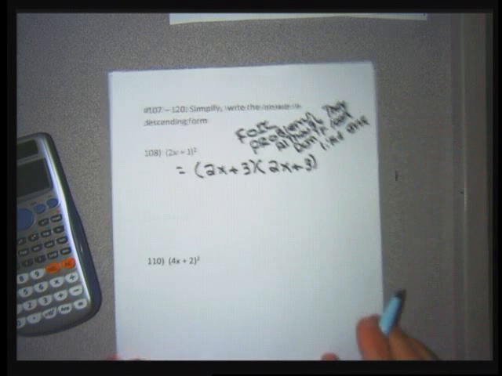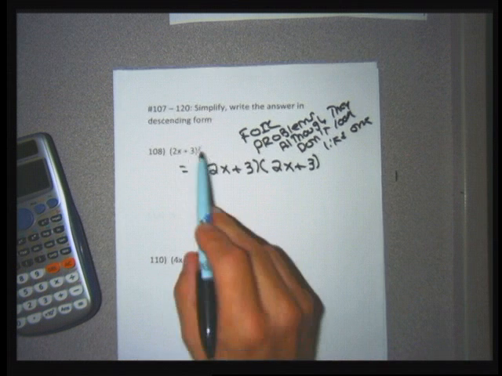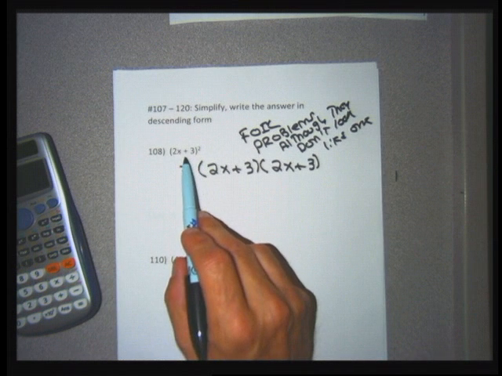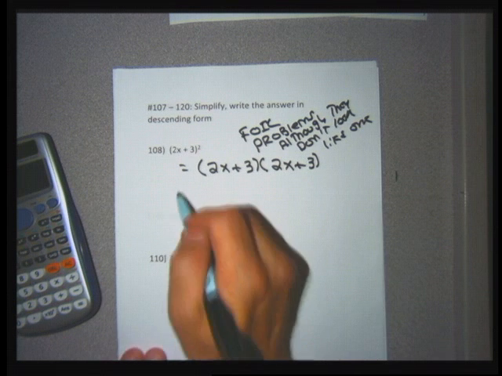So all the problems between 107 and 120 are going to be FOILing problems, because they're asking me to square a binomial. Each problem between 107 and 120, I'm going to write without the exponent. To write something without the exponent, if the exponent is 2, you have to multiply 2 identical terms.